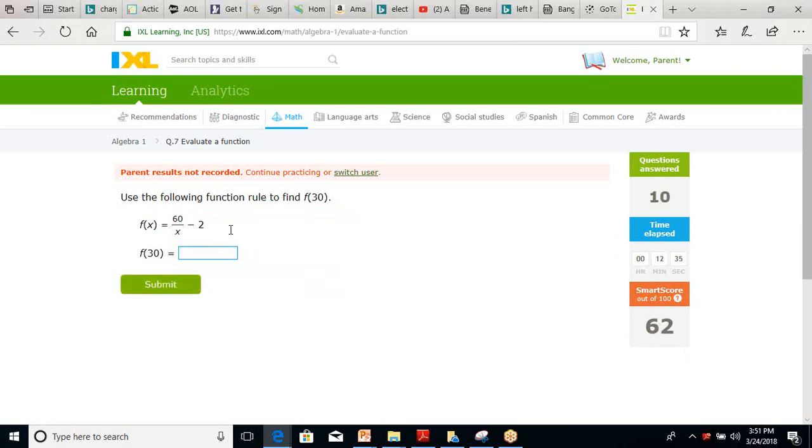All right, good. So using the following function rule to find f(30), the function rule is f(x) equal to 60 over x minus 2.